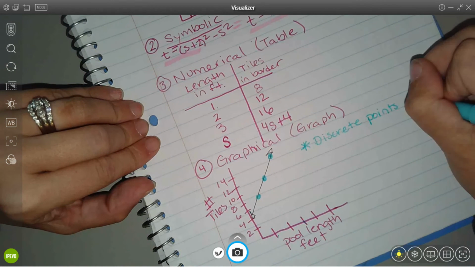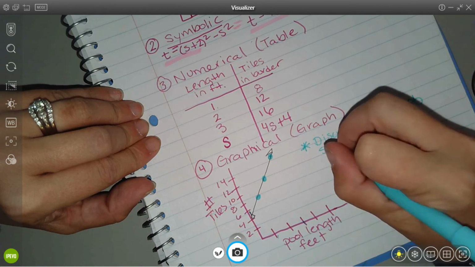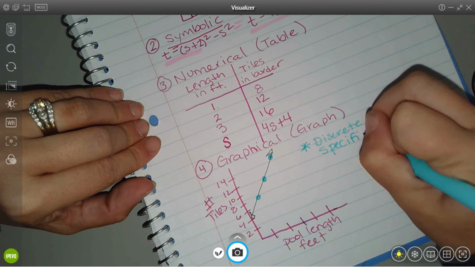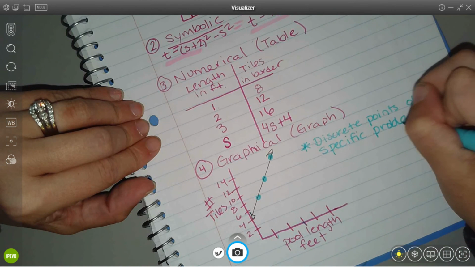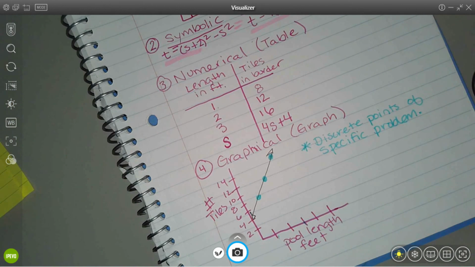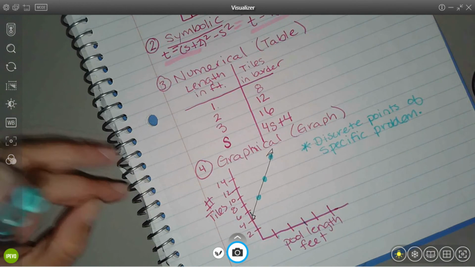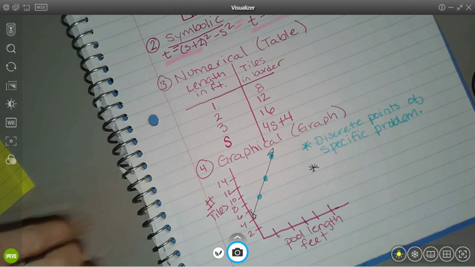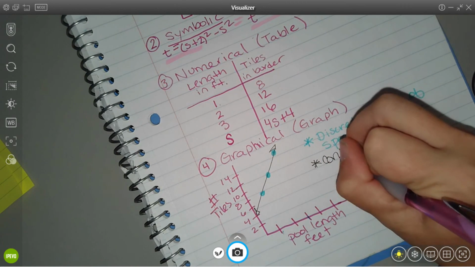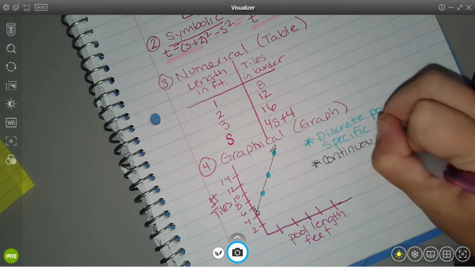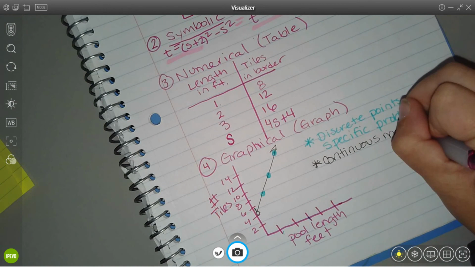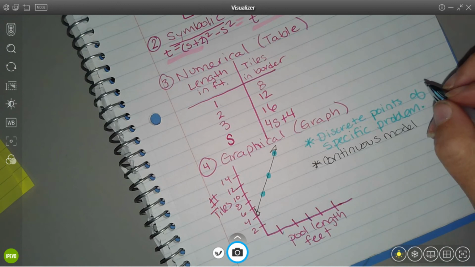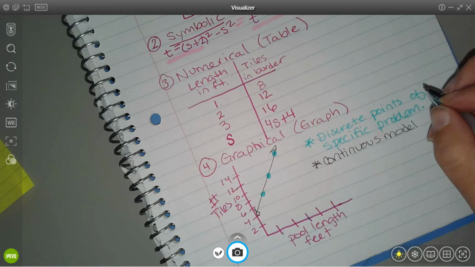Discrete points of our specific problem. And then you guys can see my line here that I drew for you. What this actually showed us was the continuous model, as if this was a mathematical function.